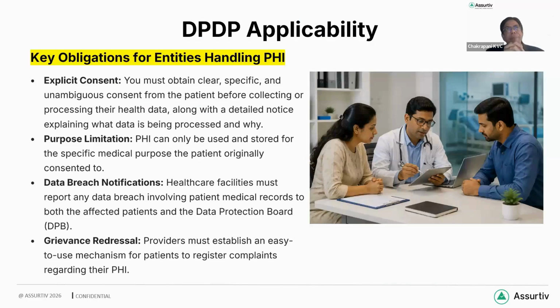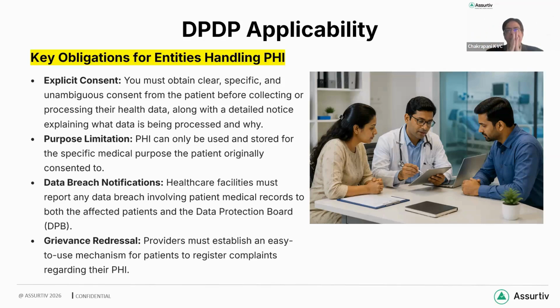Now when we talk about DPDP applicability, what are the key obligations for entities handling PHI? First, explicit consent. Let us take you're a doctor and I'm a patient. From the hospital, healthcare, or health tech company point of view, we must obtain clear, specific, unambiguous consent from the patient before collecting or processing their health data, along with a detailed privacy notice explaining what data is being processed and why.